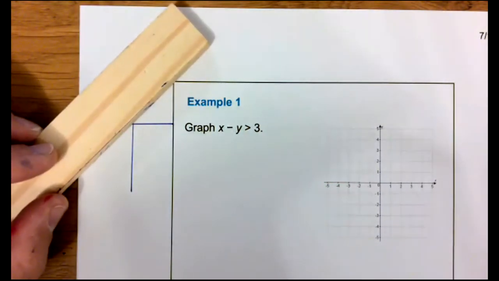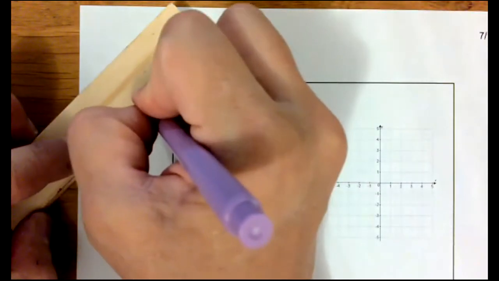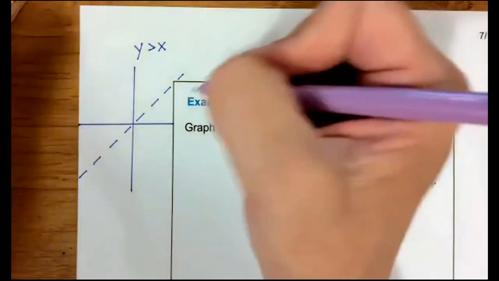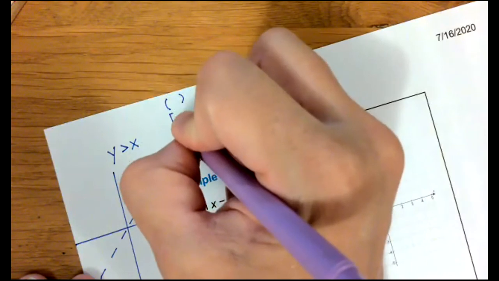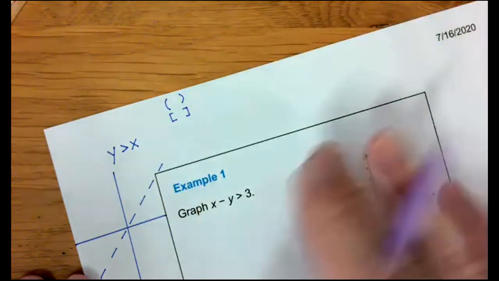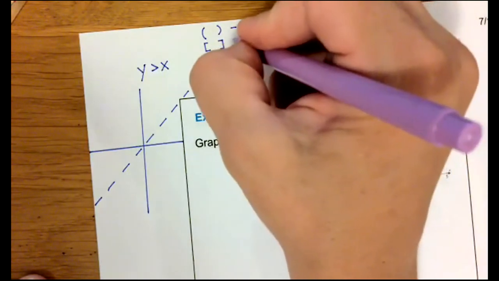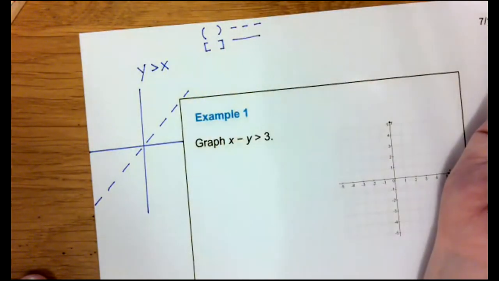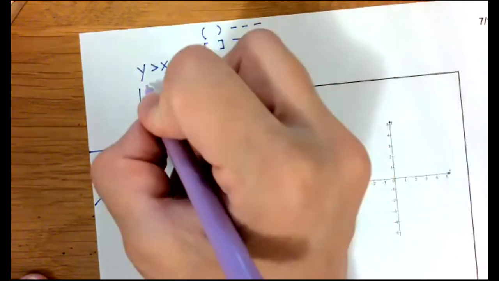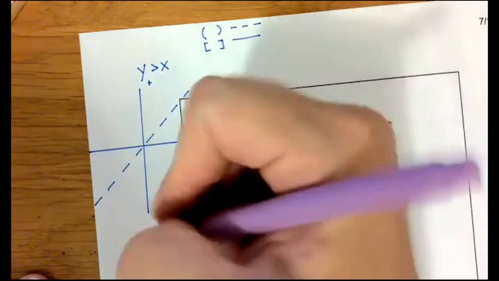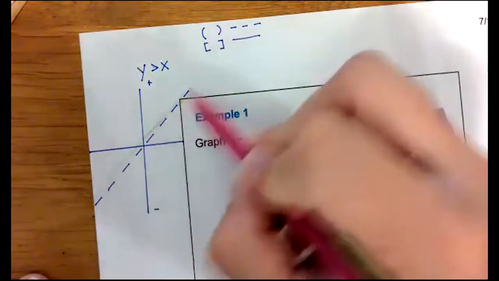It's the same line, but I'm going to make the line a dashed line. So when it was on the number line, we had parentheses or we had brackets, right? Here we have dashed lines and solid lines, okay? It's still y is greater than x.